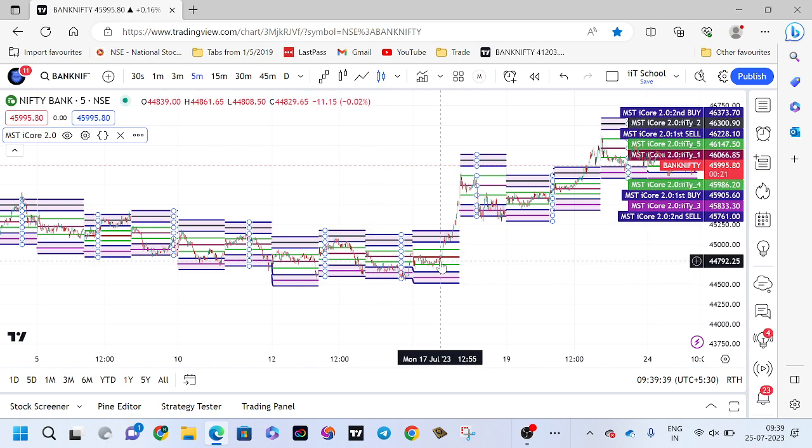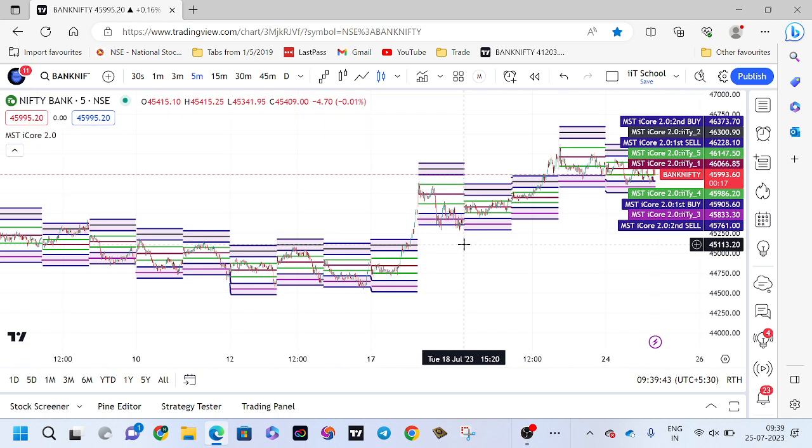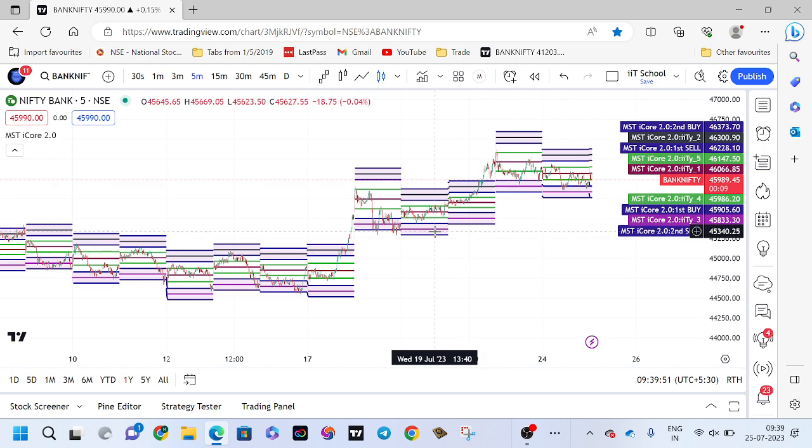Here first sell activated, then SL hit, then second buy activated, target hit. Here SL hit, so we would not get the profit on the day. Here no entry; here first sell SL hit, second buy target hit; here buy activated target hit; yesterday also buy activated target hit.